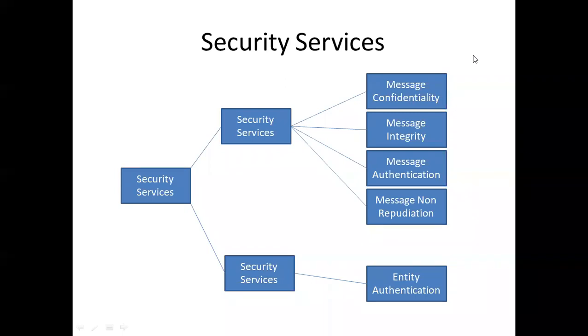If that is being transmitted, then definitely maintaining security of that data would be of highest importance. So security management or security services are really very important.